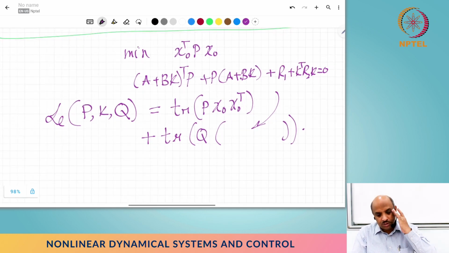And then of course the next question comes is basically, why did I pick this trace and things like that. With a little bit of work, every matrix equation can be written as a bunch of vector equations, and you can take the thing like lambda transpose that vector equation and basically rearrange it in such a way that it looks like this Q times this same equation, in which case the trace becomes that lambda transpose the entire equation.